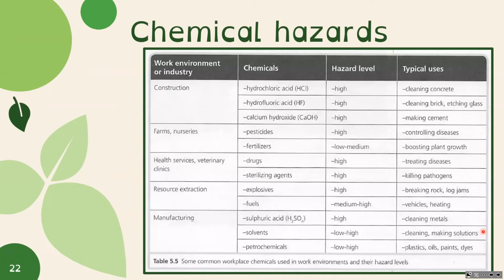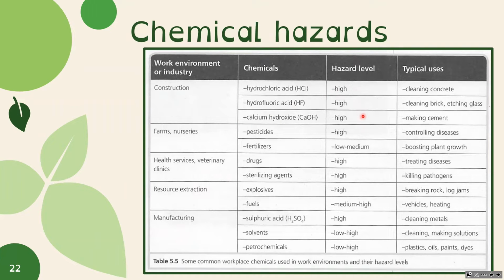So here is a list of common workplace chemicals, where they might be used, and the hazard level. In the construction industry, we have hydrochloric acid, hydrofluoric acid, and calcium hydroxide, which are all very common things to have in construction, and they all have high levels of hazard.